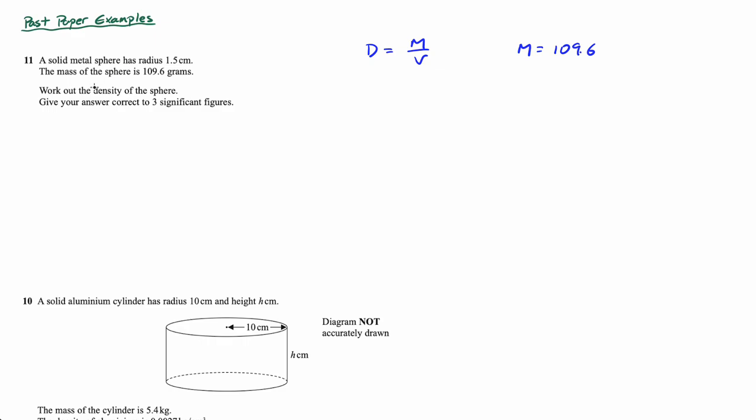This is a typical question, guys. It combines density with 3D shapes. The volume of a sphere formula is in the formula sheet, so you don't have to remember it, but it's 4 over 3 pi r cubed.